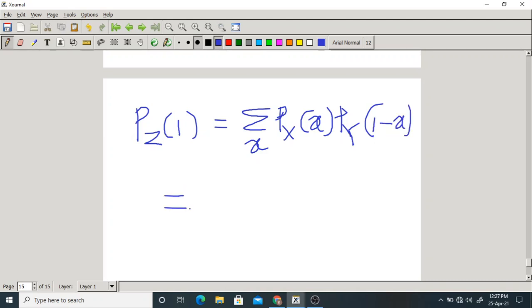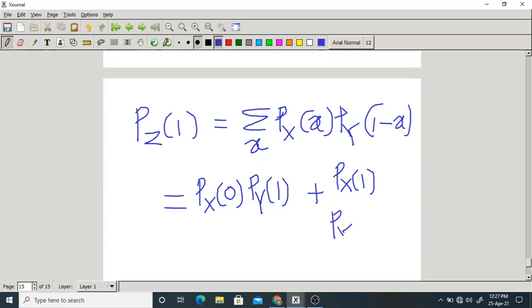So take different values of x. If x is 0, Px of 0 into Py of 1. If x is 1, Px of 1 into Py of 0.